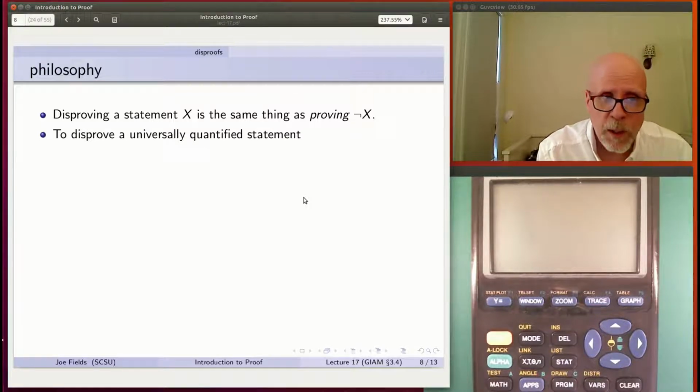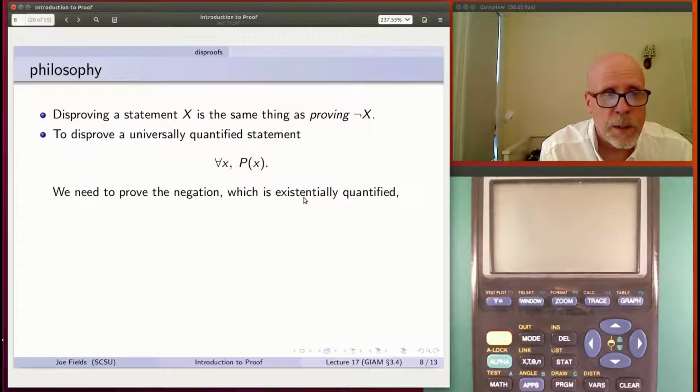If you are thinking about disproving a universally quantified sentence, for all x p of x, well, let's be careful. To disprove the universal thing, you need to prove the negation, right? And that's existentially quantified. The existentially quantified thing, though, is the negation of p of x.